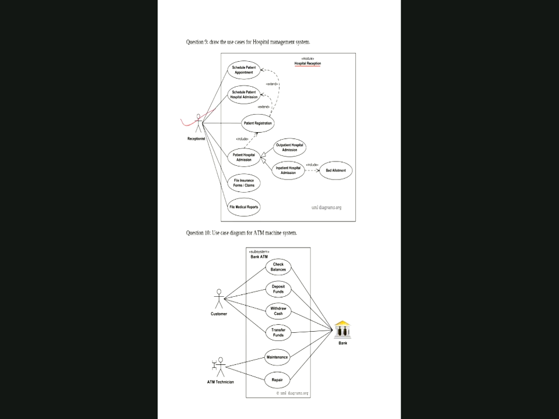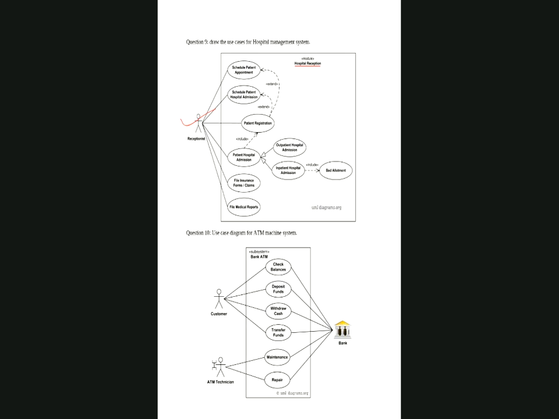If I write hospital, then you have to write many actors: receptionist, doctor, patient, medical advisors, surgeons. From all users' point of view, you are supposed to project the use case diagram. But because I'm writing only from the receptionist's point of view, I have only one actor here. Hope you have understood why it is only the receptionist.